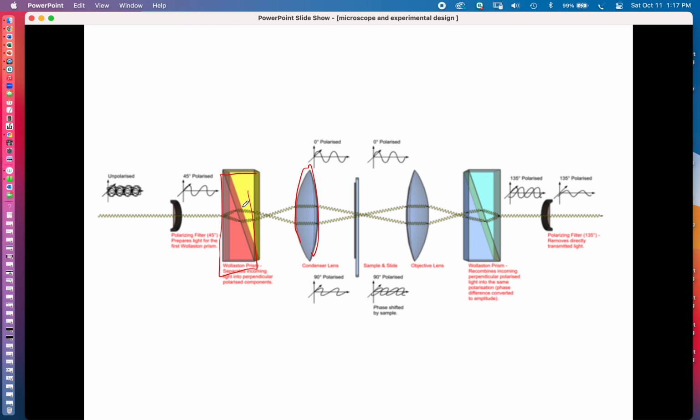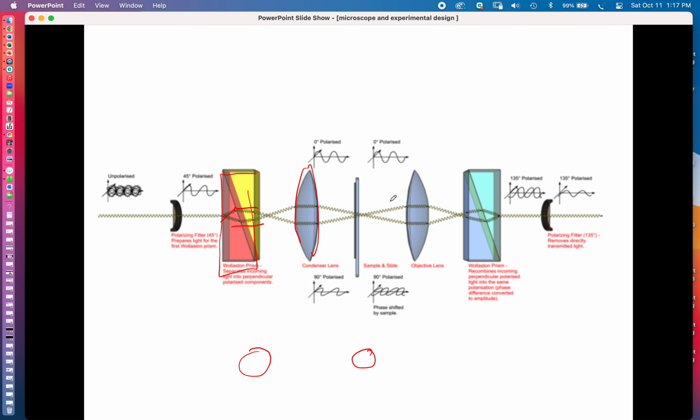And this prism splits the light into two parallel light lines. And I think of it a little bit as like how you have two eyes, and with your two eyes, you have binocular vision, and that's how we can see depth, is that we're really seeing things from two slightly different positions. And so the sample is going to get illuminated by light that's in slightly different positions.